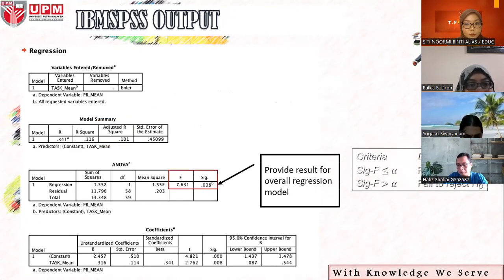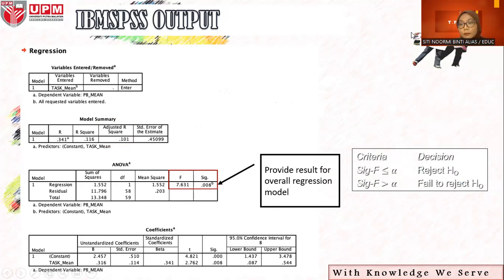Okay. Next one. The ANOVA table ni will indicate the significance of the overall model. Okay. So it provide a result for overall regression model. So we refer to the F and significant F value. So F equals to 7.631, in which our significant value 0.008.